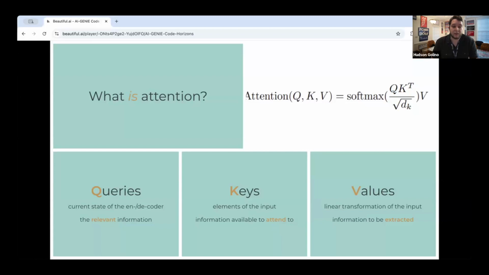Queries are basically the relevant information that is the current state of the encoder or the decoder block in the deep neural network. Keys are the information available to attend to, basically elements of the input like the embeddings, numeric representations. And the values are linear transformations of the input, or the information to be extracted.